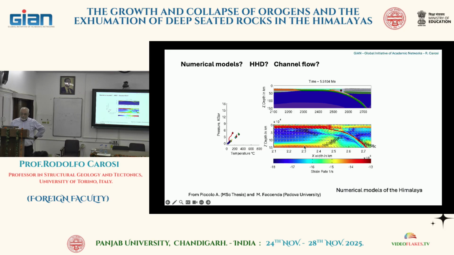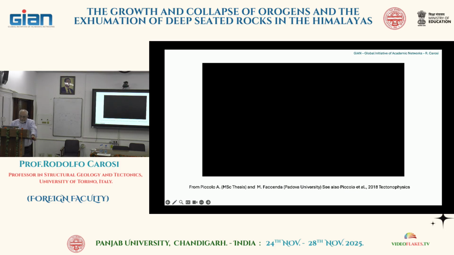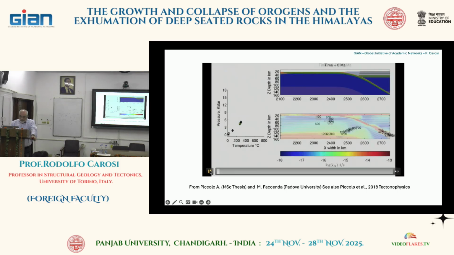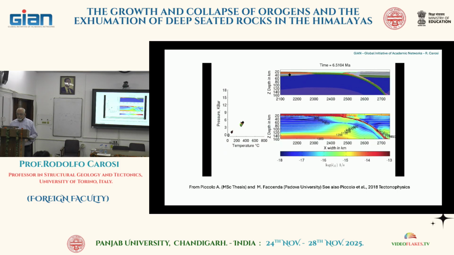very strong in this numerical modeling, and he tried to build up several models to explain the convergence, collision, the strain rate, the PT path of the rocks. So he made hundreds of models. This is more or less the movie of one of the models.